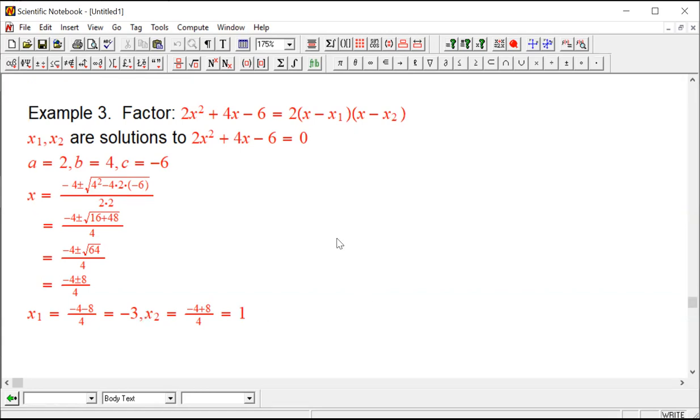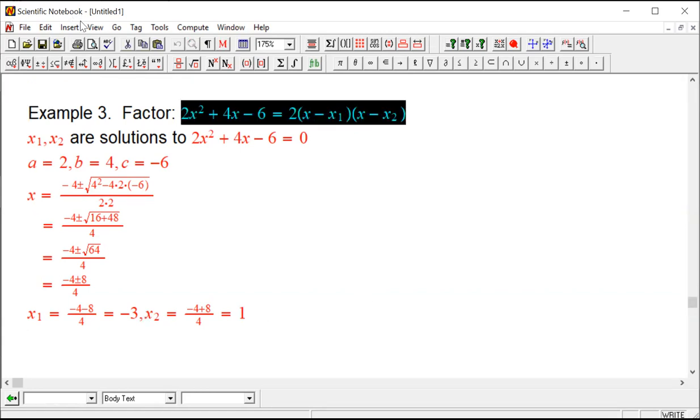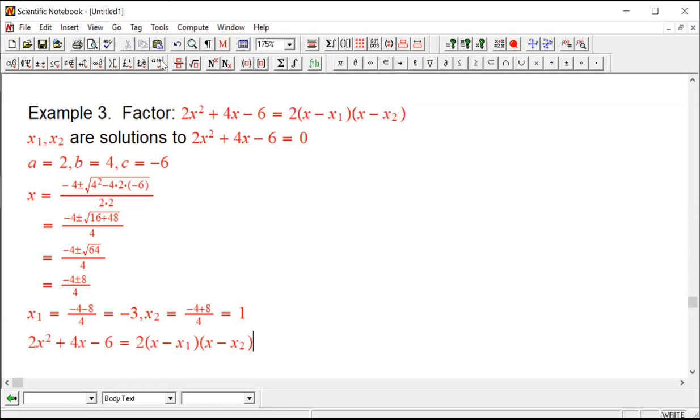So have we found our factors? Let's see. 2 times x minus x1, x1 is -3, and x2 equals 1, right? To simplify, minus -3 is a +3.